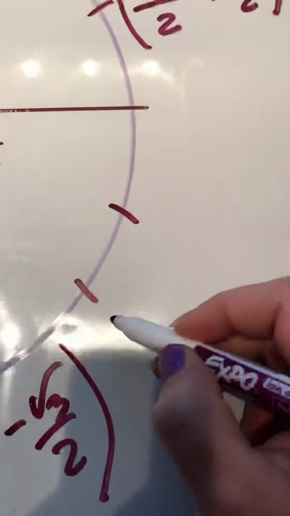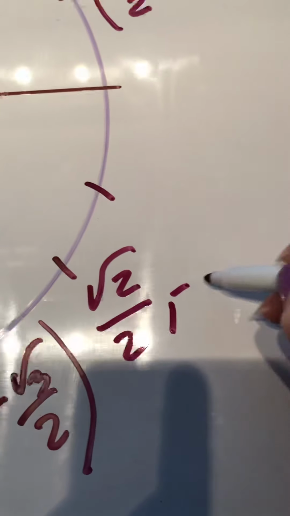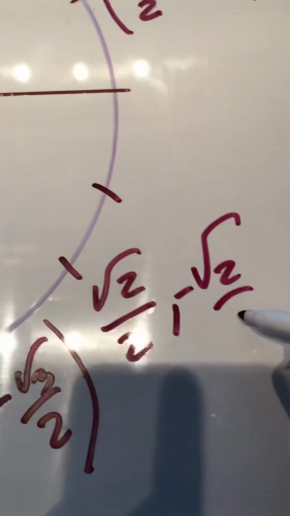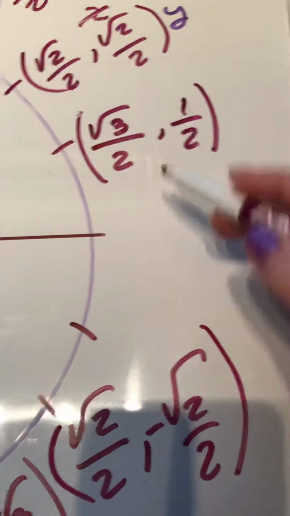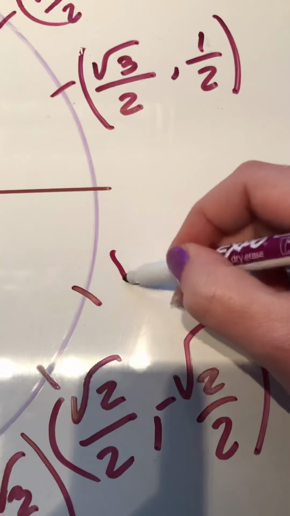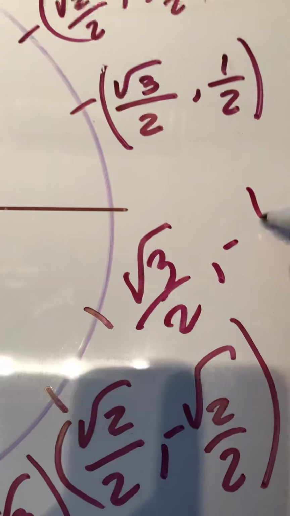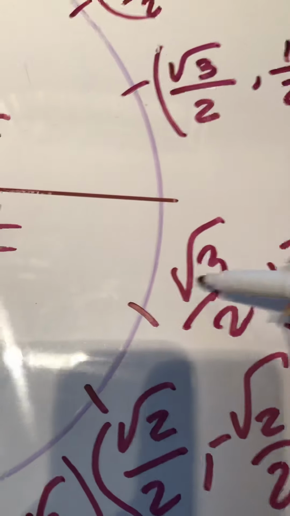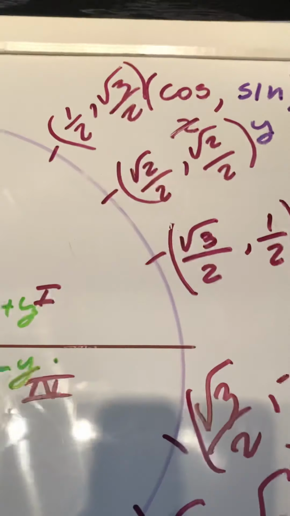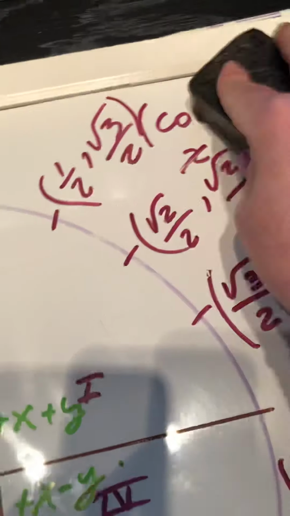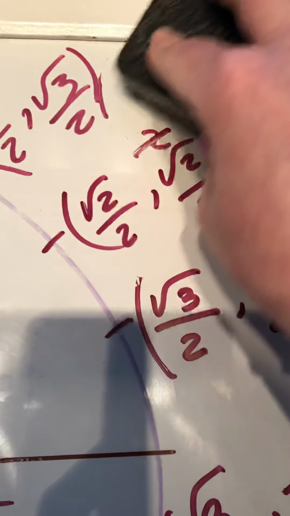Same thing, positive x, so it's gonna be square root of 2 over 2, comma, negative y, square root of 2 over 2. And we're gonna finish with the same. It's gonna be square root of 3 over 2, negative 1/2. Remember, everything in here, and let me erase this so you can actually understand this a little bit.